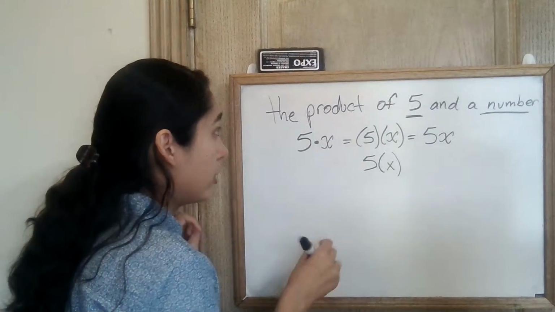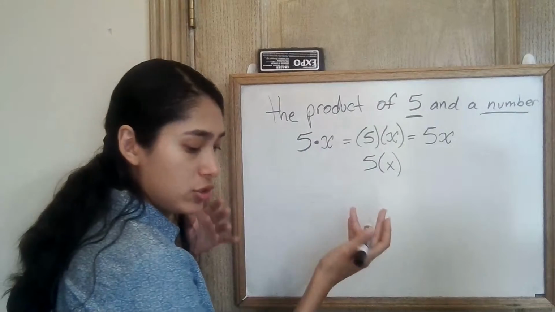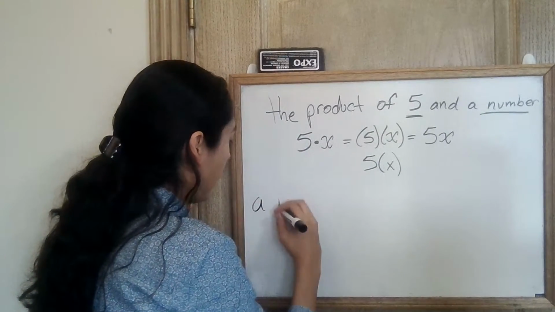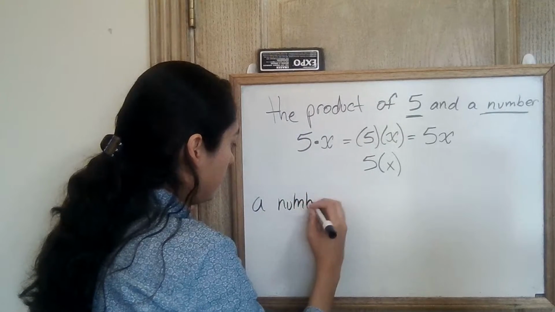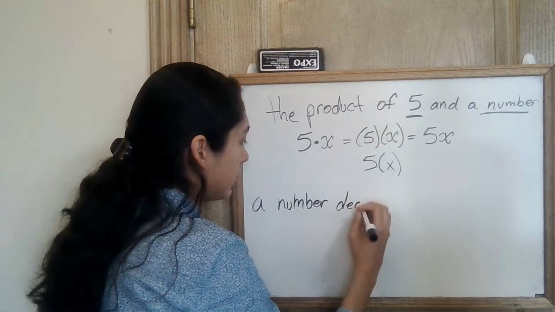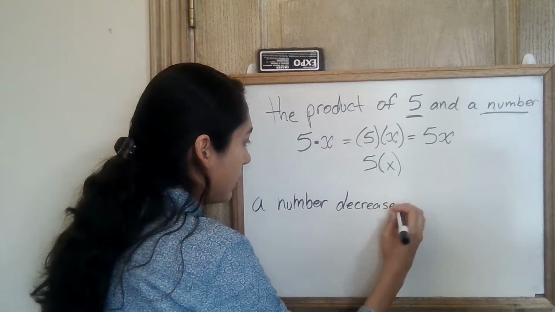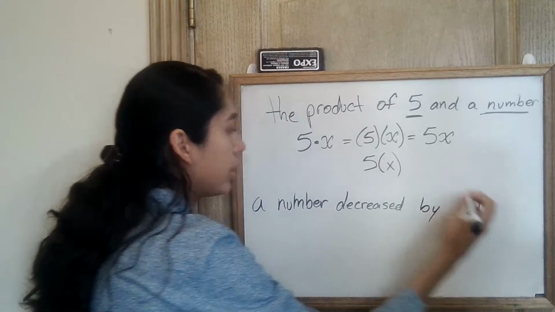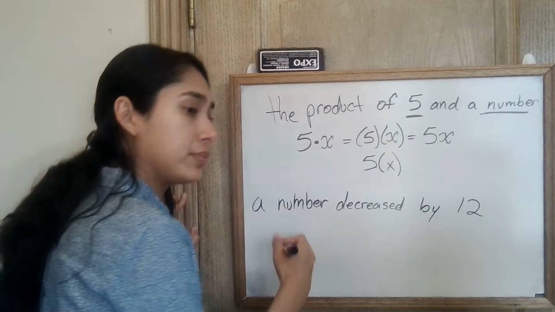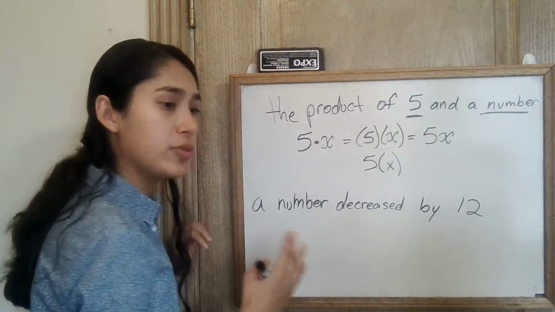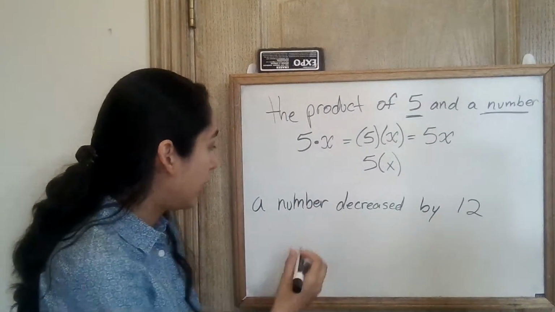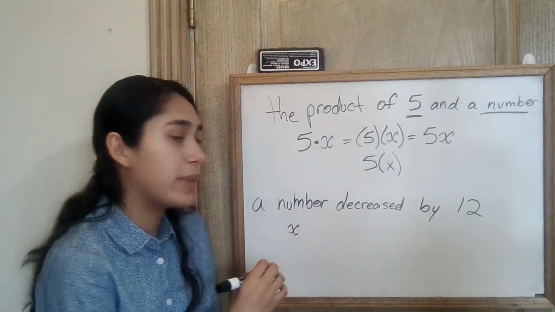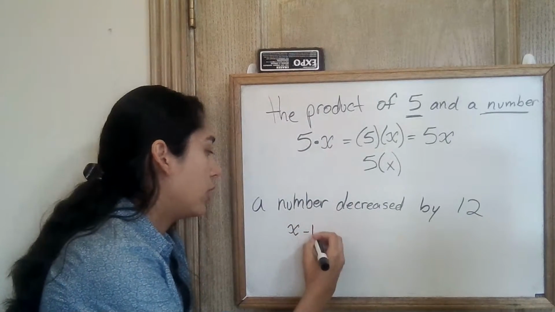Let's do another conversion from words into symbols. A number decreased by 12. Okay, decreased means less, sounds like subtraction. So we're going to get a number, let's use our curly x, and decrease by 12, minus 12.